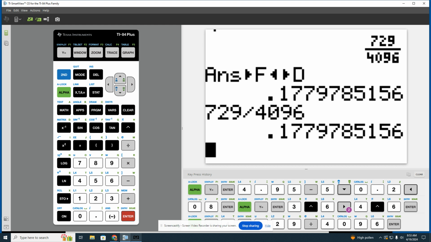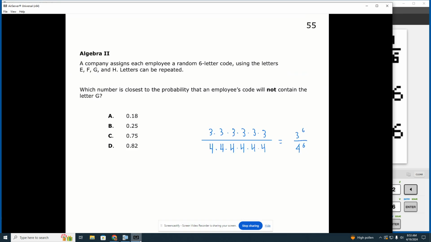Let's go back to our page. 0.18 is A. So remember, anytime you're doing probability, you're doing number of favorable outcomes over number of total outcomes.